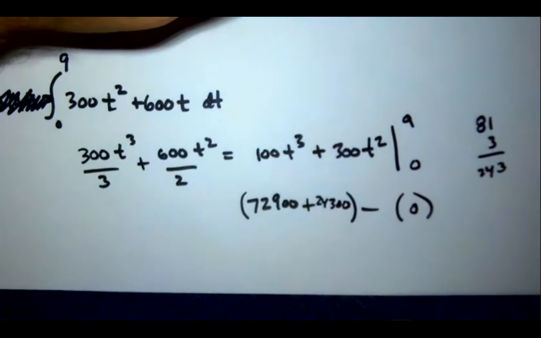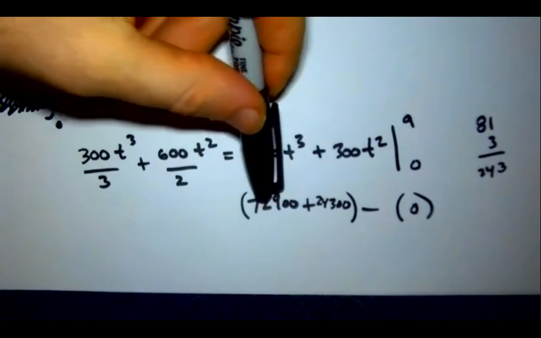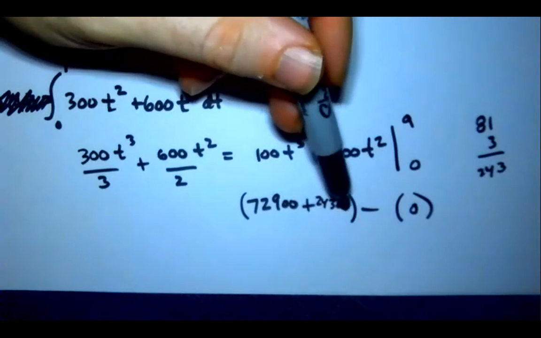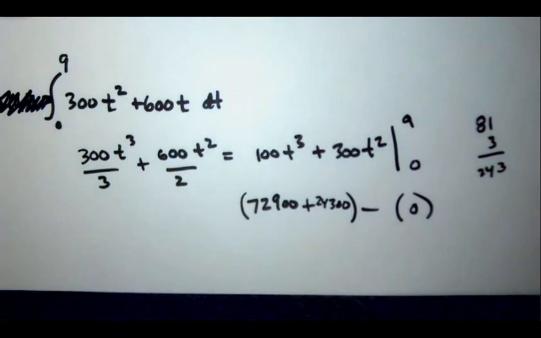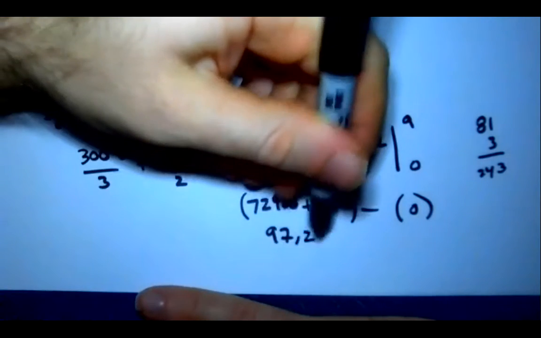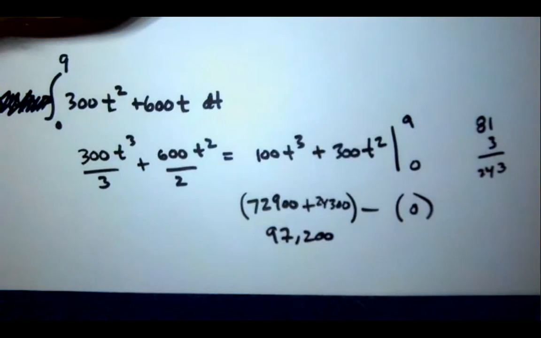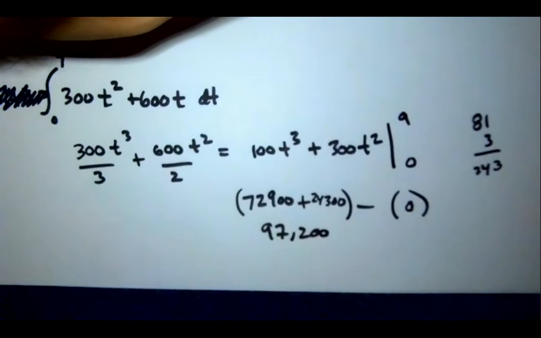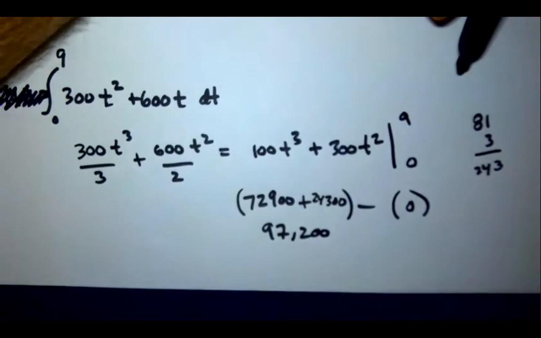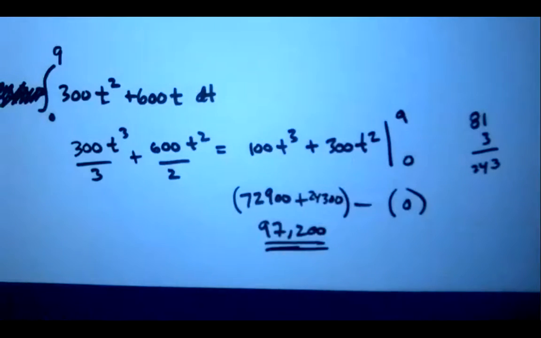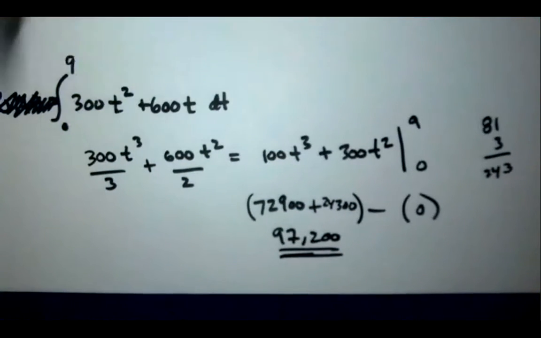Okay, we need to add that up. 72 and 24 is 96, 1,200 more. I'm getting 97,200. Did I do that right? Anybody confirm? That's what I got. Same thing. Okay. So that right there is the final result of this integral.